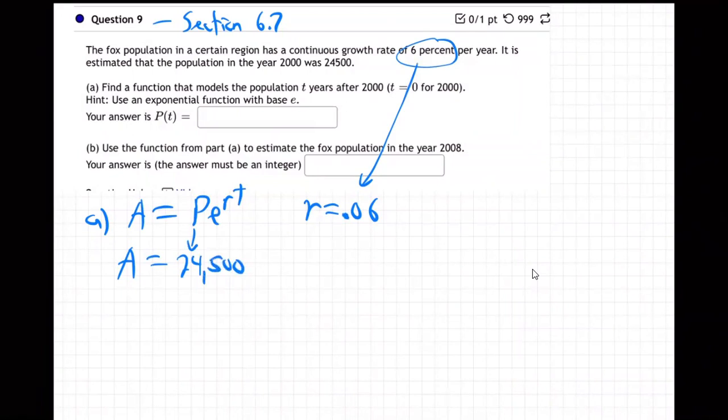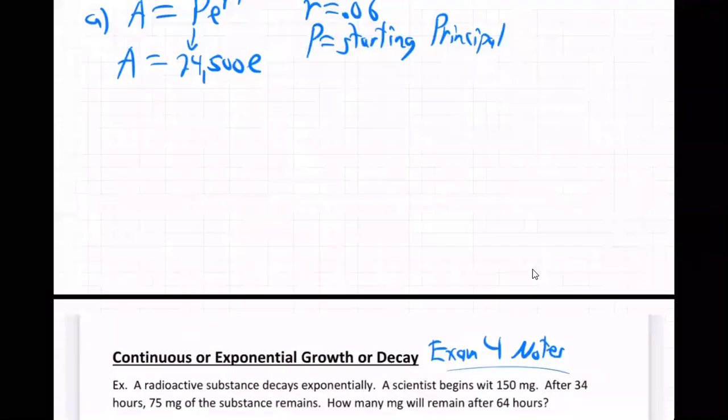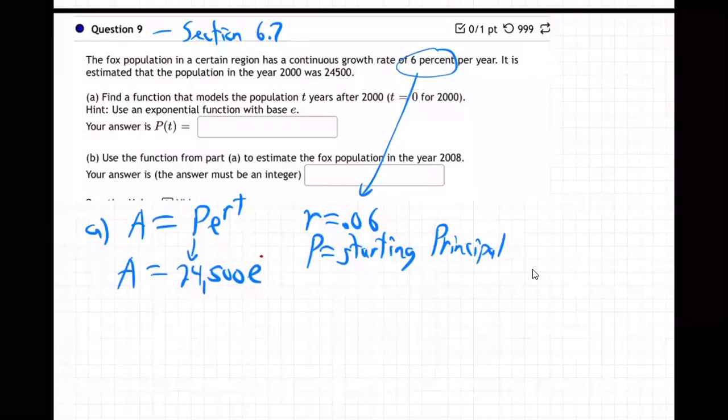P is always the starting amount. Like the principal in an investment account, it's the starting principal. Money, it's the starting amount. E to the RT, and the R is 0.06, and T is the time.